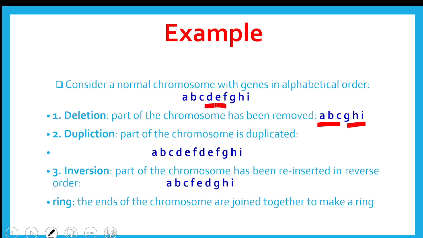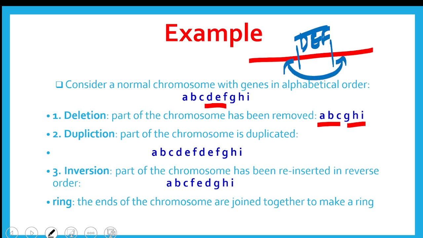That means the DEF segment is broken and lost, and these two segments rejoin. This involves two breaks, one here and the other here, followed by rejoining. Such a structural variation where certain genes are lost constitutes a deletion mutation.